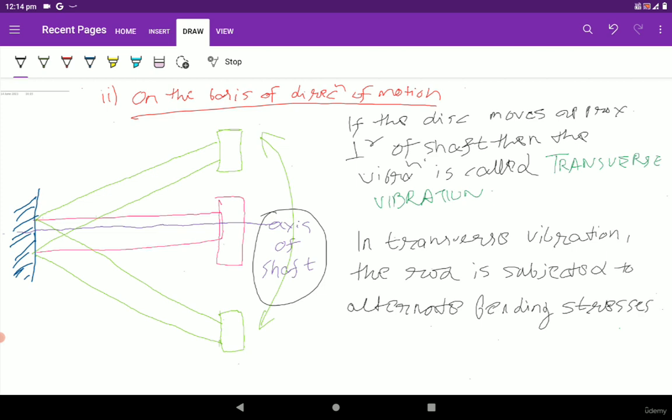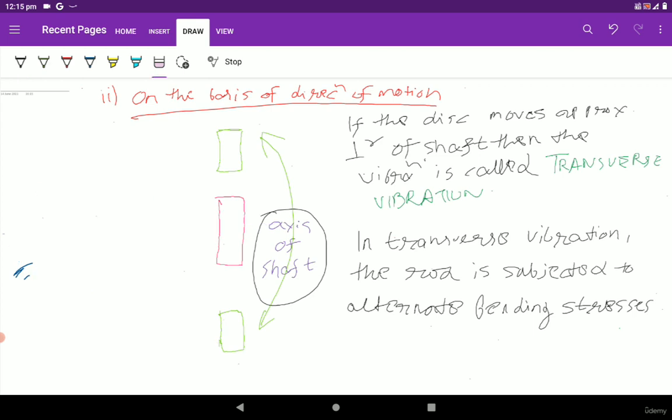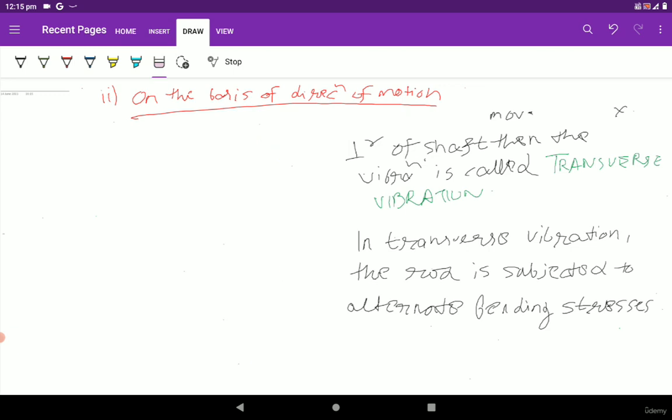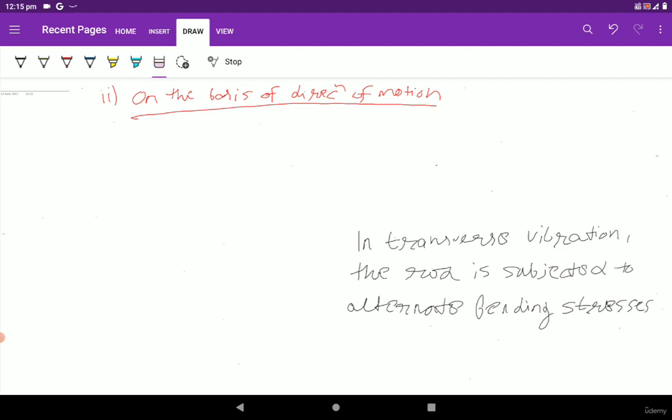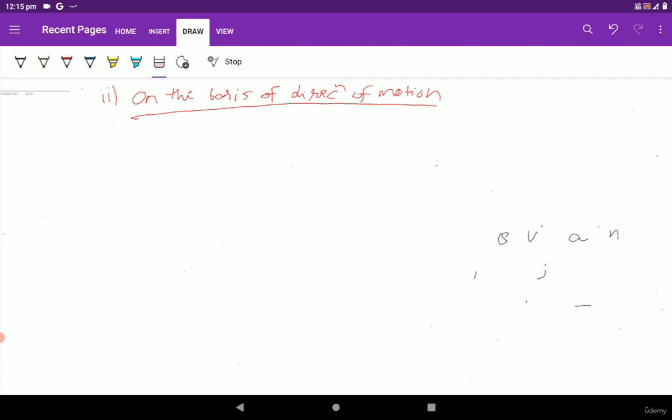Now moving to the next type of vibration, that is called torsional vibration. Let me erase this whole thing. So the third type of vibration is the torsional vibration.